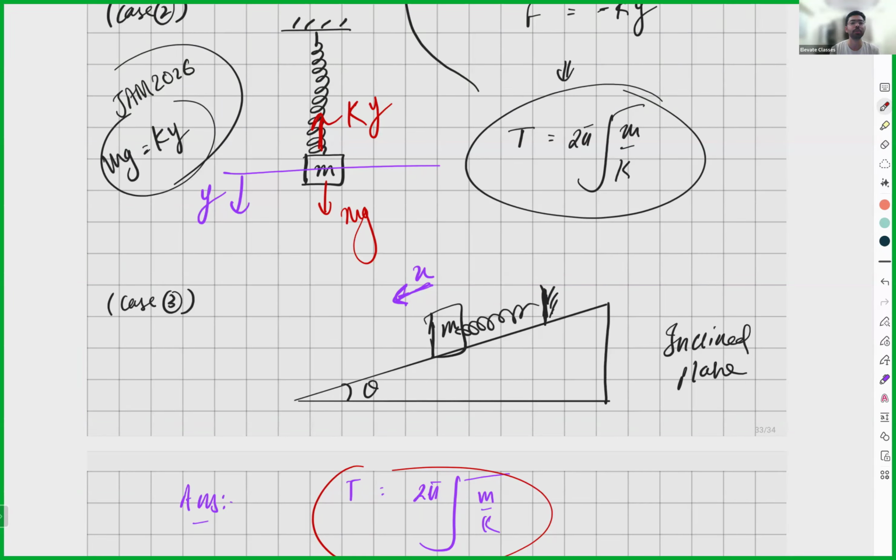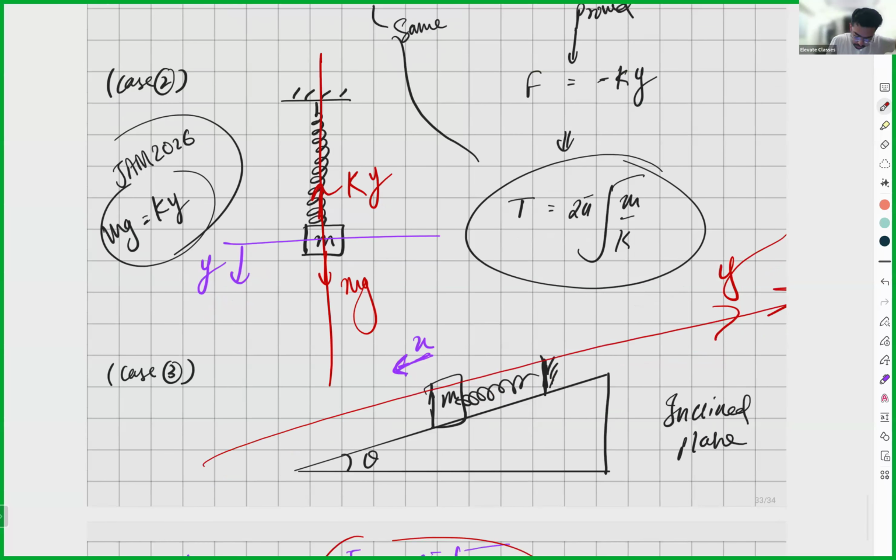Now, if I consider this as the y-axis, and I consider this as the y-axis, are the motions along the y-axis different or the same? They seem to be the same, right? Because the choice of coordinate system is with us only. We can choose whatever system we want to.